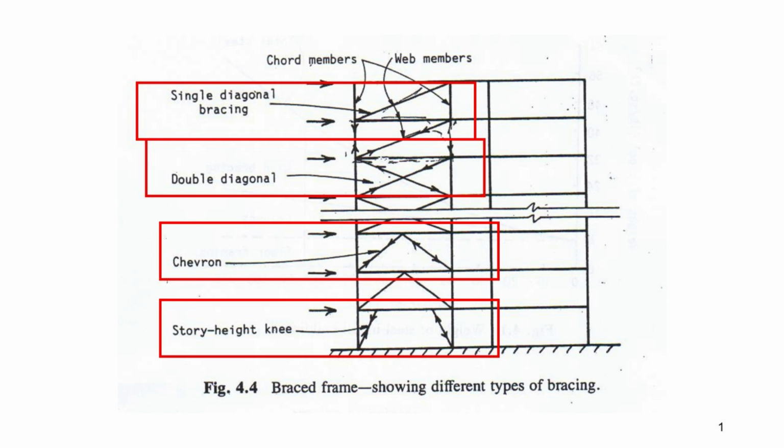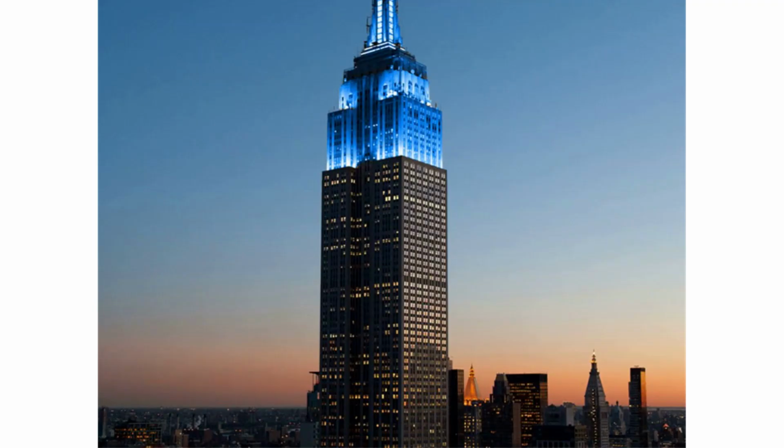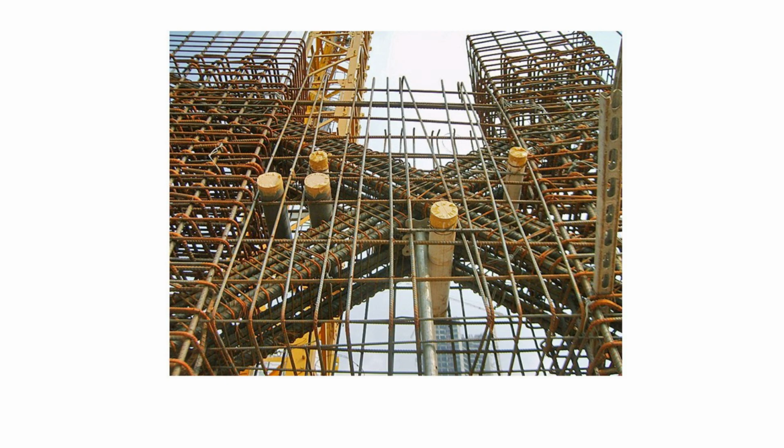The bracing will almost eliminate the bending of columns and beams, resisting lateral loads primarily through axial stress, thus allowing for slender elements. A very well-known example of a braced frame structural system can be seen in the Empire State Building. If bracing is used in concrete structure, double diagonal bracing is required.